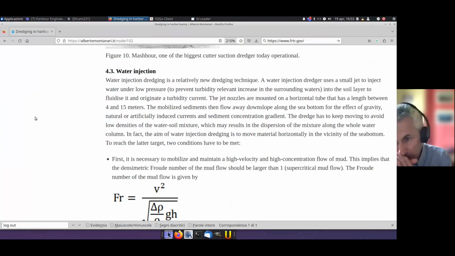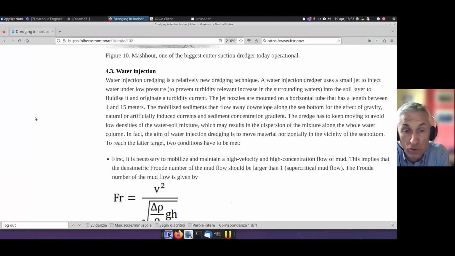So water is injected into the soil layer to fluidize it and originate a turbidity current. The jet nozzles are mounted on a horizontal tube that has a length between 4 and 15 meters. And so the mobilized sediments then flow away downslope along the sea bottom under the effect of gravity.